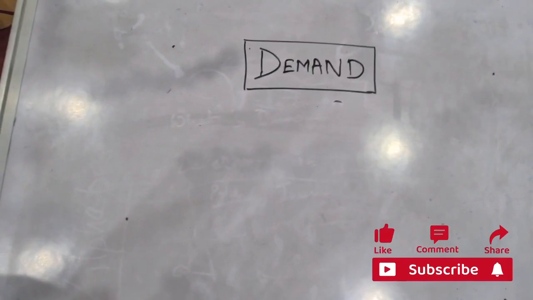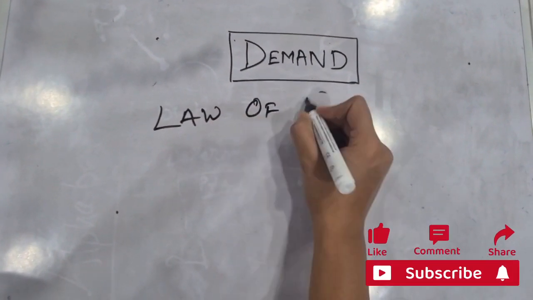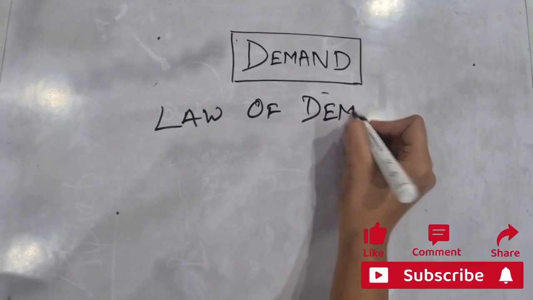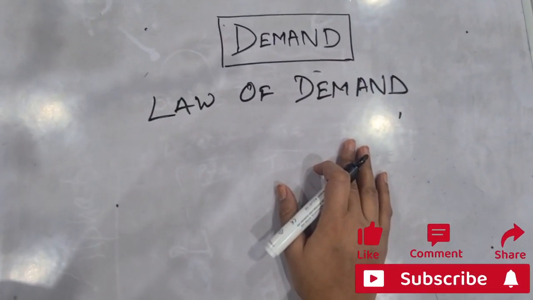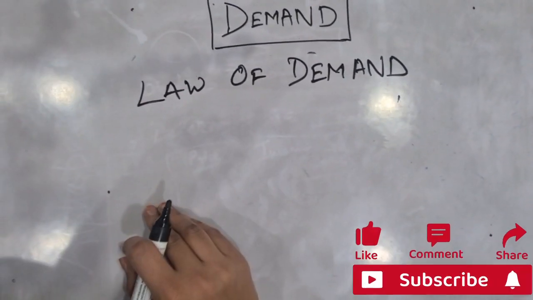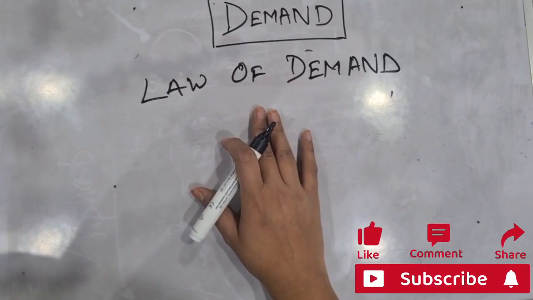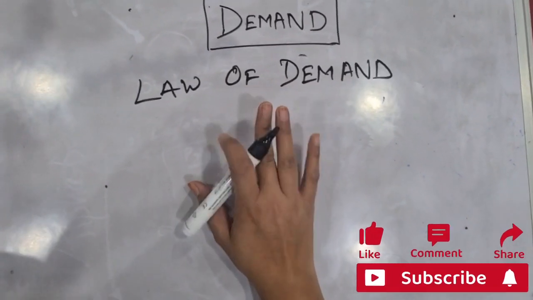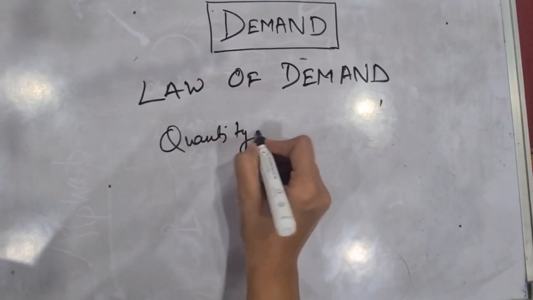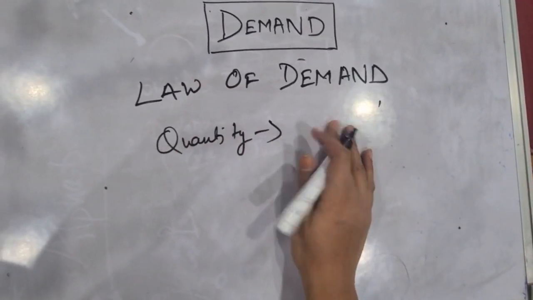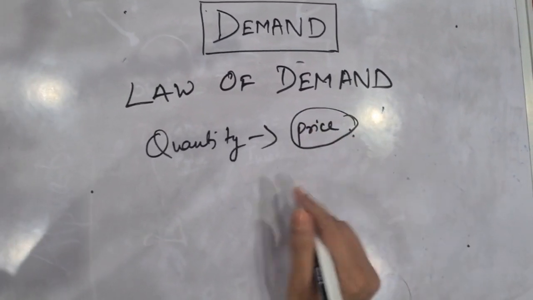In this video we are going to study the law of demand. Now do you remember what we mean by demand? Demand is the quantity of a commodity that a consumer is willing and able to buy at each possible price during a given period of time. That is quantity demanded at a given price, when all the other things are constant, like income.